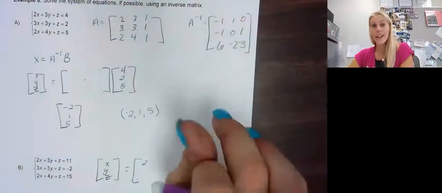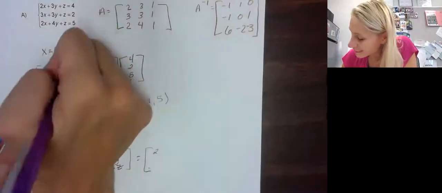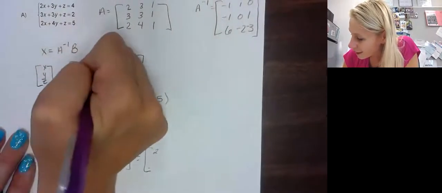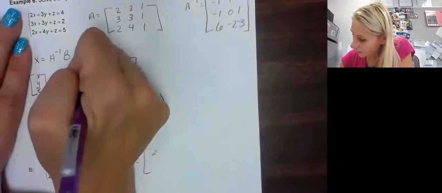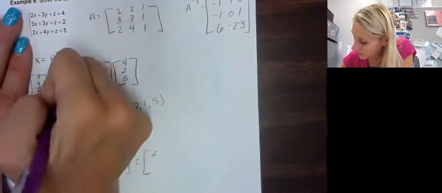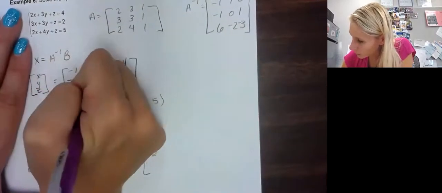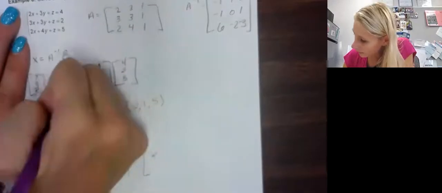Luckily, I did all this work ahead of time to have the right answer, but I wrote down the wrong matrix. Okay, so this is the inverse matrix that you are supposed to multiply by the constant matrix. There we go. And now you get -2, 1, 5.